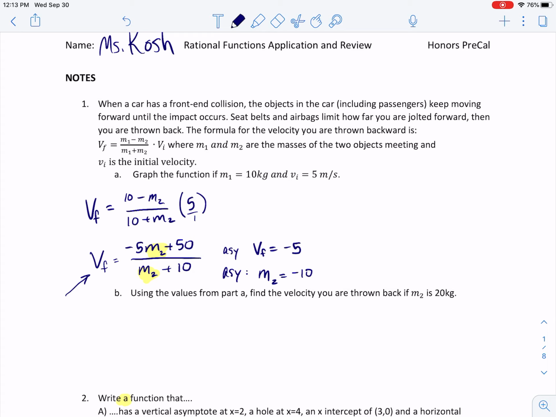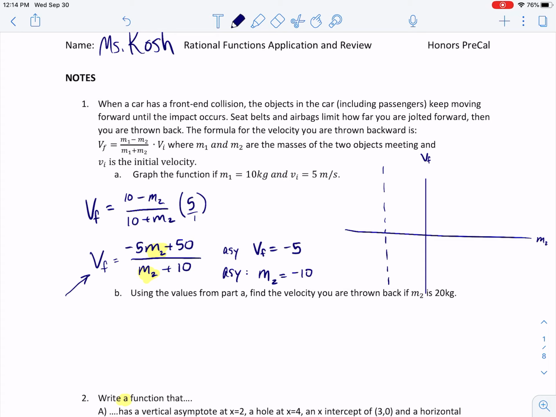So now I need to graph this, and on some of these it's a lot easier if you remember that my y values are v sub f, and what had been x is now m sub 2. I don't have the x and y axis, so I'm going to label it so I know what I'm doing. I've got an asymptote when m sub 2 is equal to negative 10.